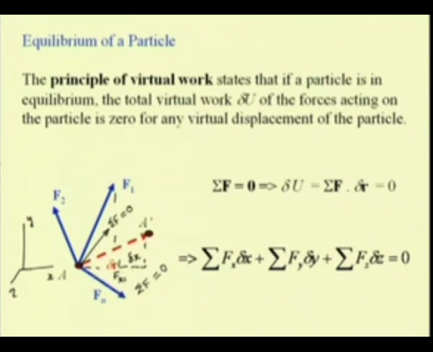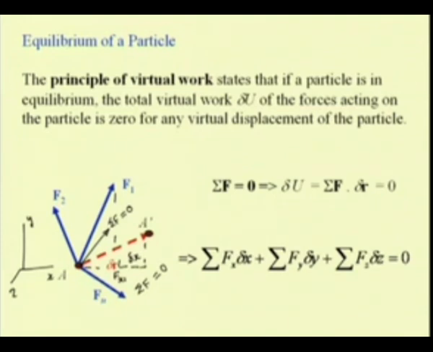So, sum of all such components times this virtual displacement delta x will give the virtual work done by these forces along the x direction plus the virtual work done for the y component of the virtual displacement and the virtual work done because of the virtual displacement along the z direction.